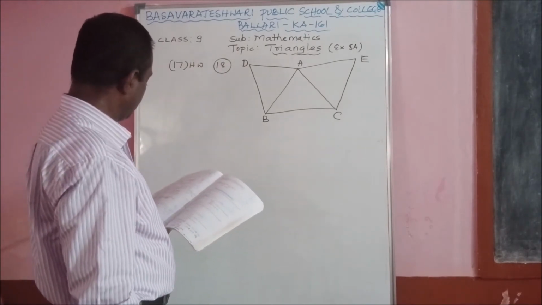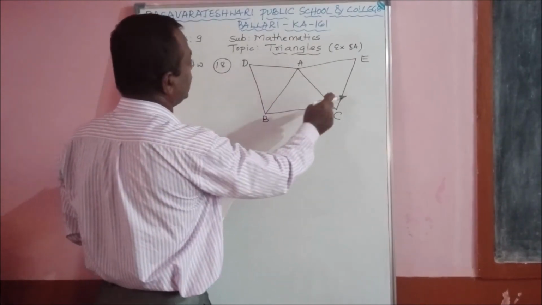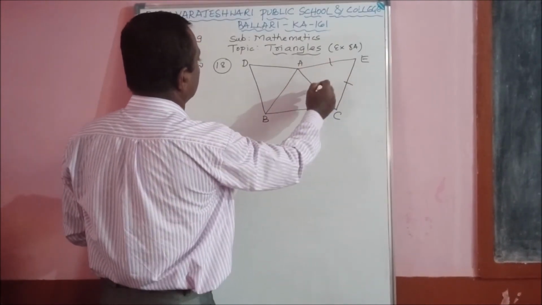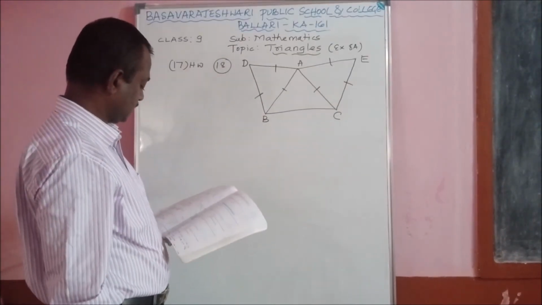Now ABD and ACE are equilateral triangles, correct?